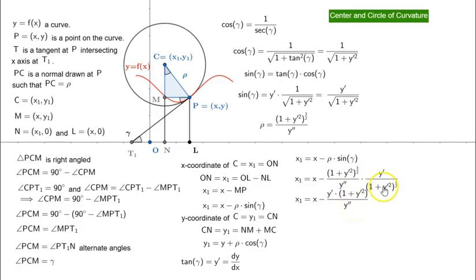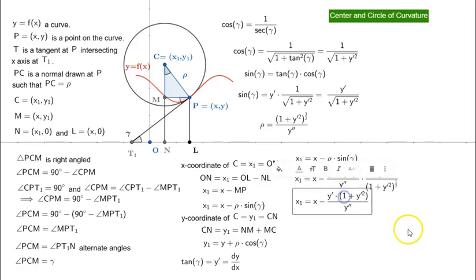See here in the denominator and the numerator, if we take this denominator to the top, we get 3 by 2 minus 1 by 2. So 3 by 2 minus 1 by 2 is 1.5 minus half, which is 1. So that way this doesn't have a power.